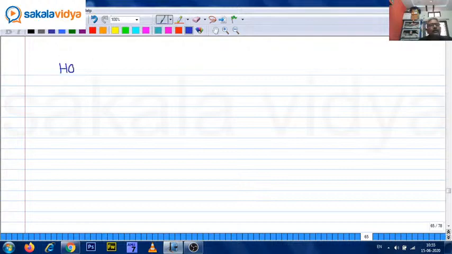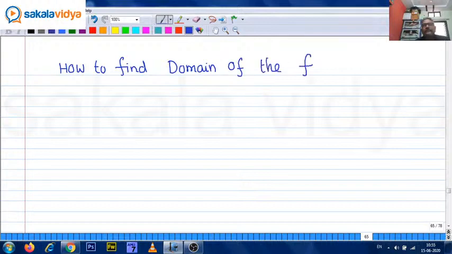How to find the domain of the functions.